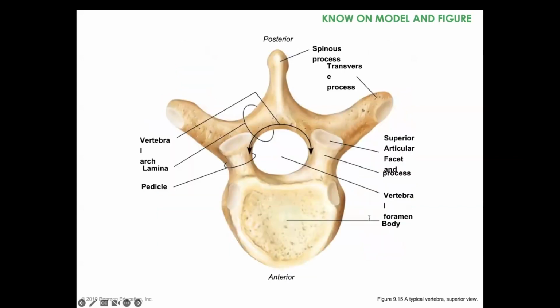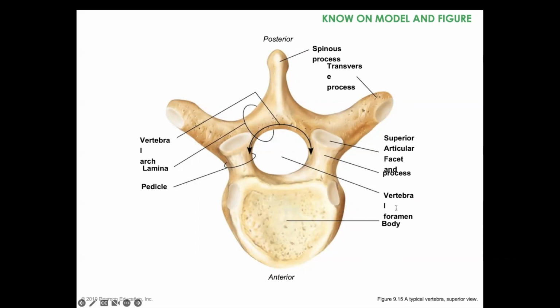So each type of vertebrae will have distinct features, but all will have the same main common parts. The vertebral body is where the different vertebrae stack on top of each other and are separated by the fibrous cartilages, or the intervertebral disc.